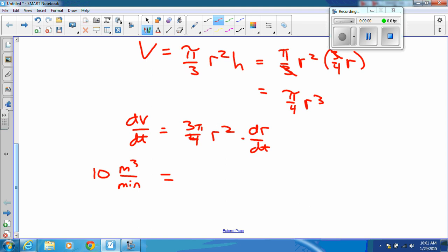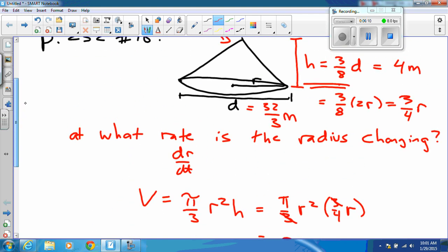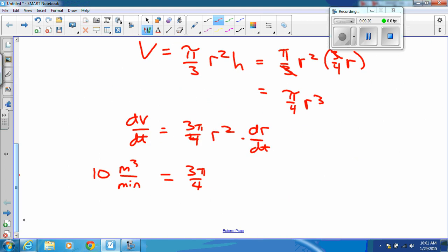My dV/dt is 10 meters cubed per minute. My radius, boy, I got to go back and look that up. My diameter was 32/3 meters, so my radius was 16/3 meters, right?